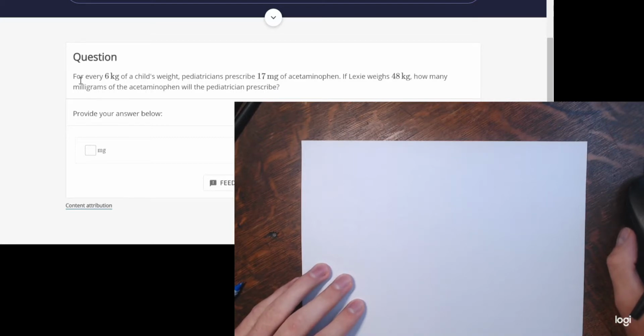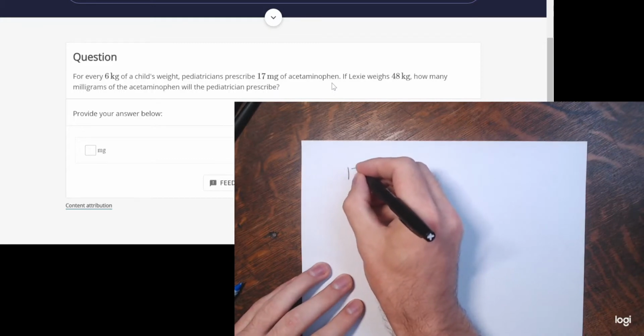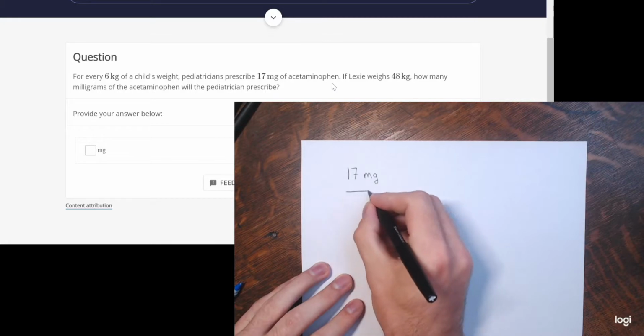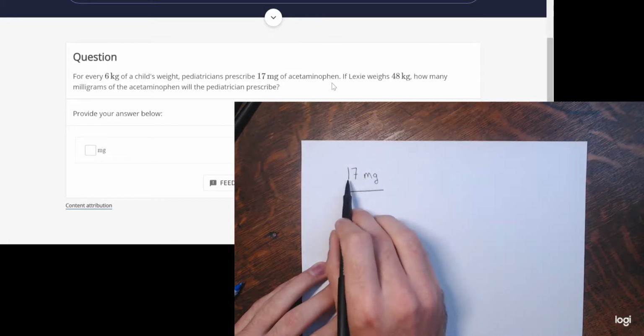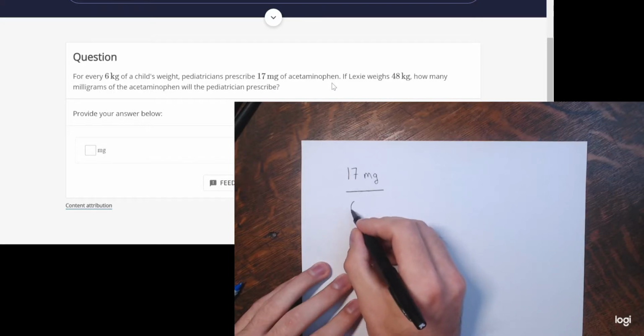So for every 6 kilograms of a child's weight, pediatricians prescribe 17 milligrams of acetaminophen. So there's a ratio right there: 17 milligrams for every, or per, 6 kilograms of a child's weight.